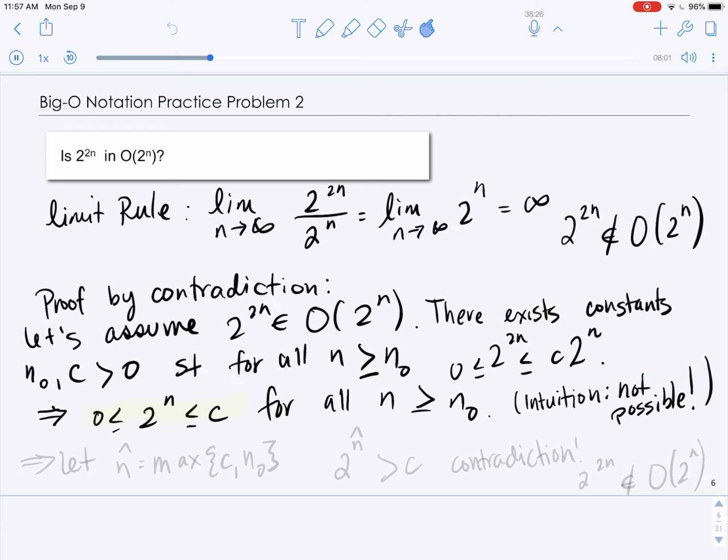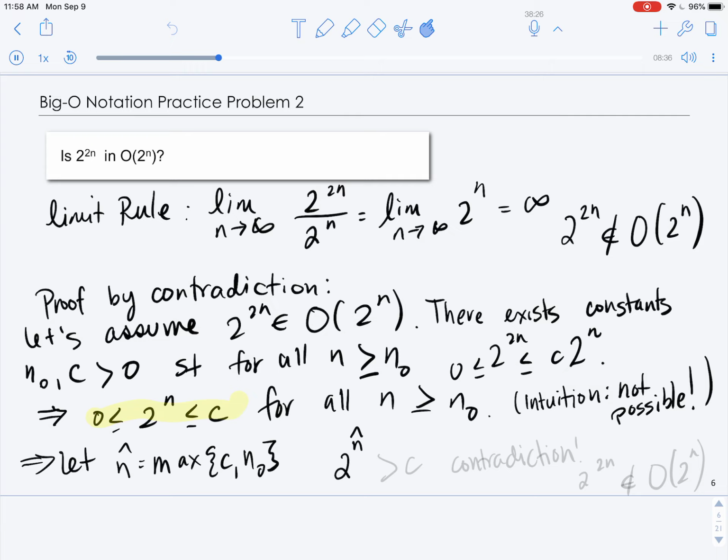So now let's choose a specific value for n and show that this can't possibly be the case. Let n hat be the maximum of c, our constant, and n naught. And let's see what happens to that inequality. This inequality has to be true, but now we're going to plug in n hat for the value. So when we do that, we get 2 to the n hat has to be less than or equal to c.